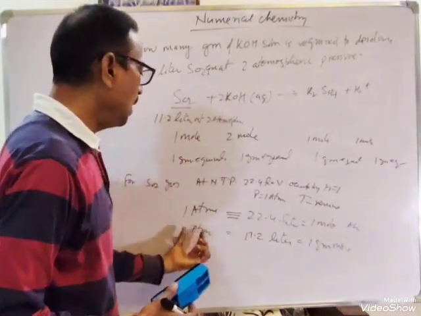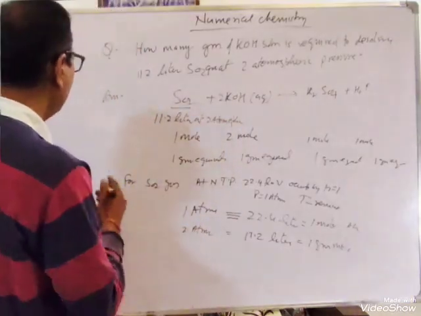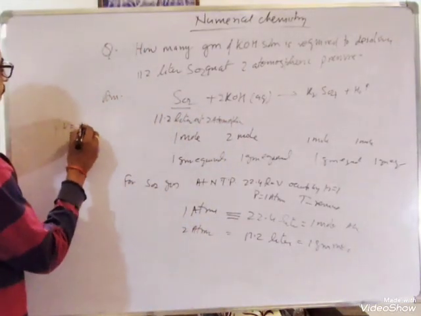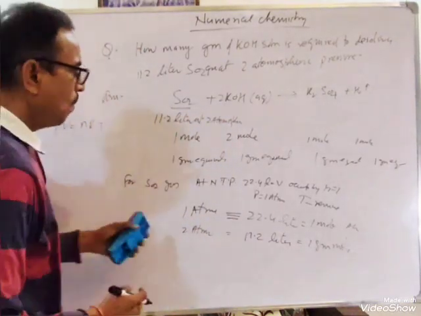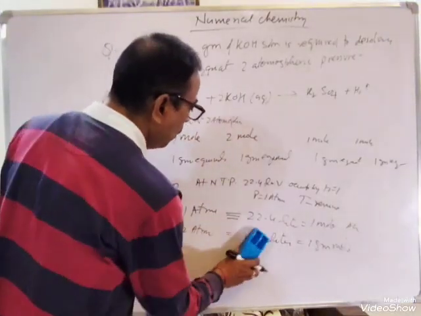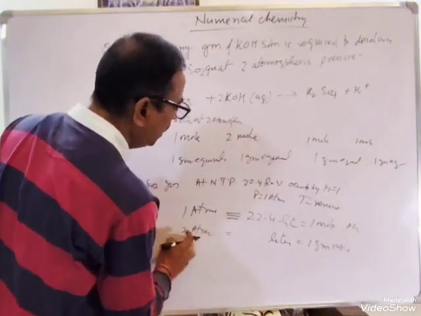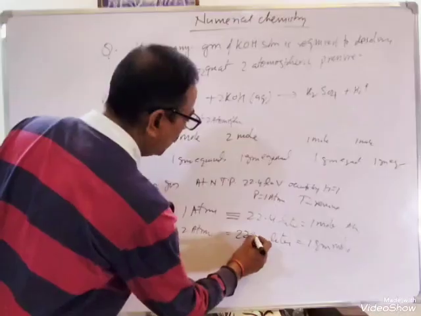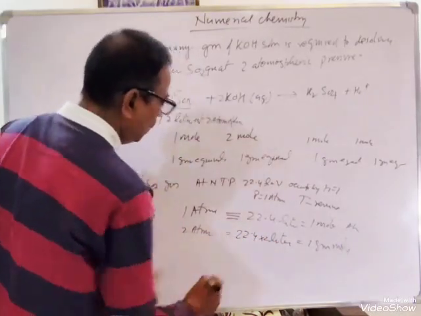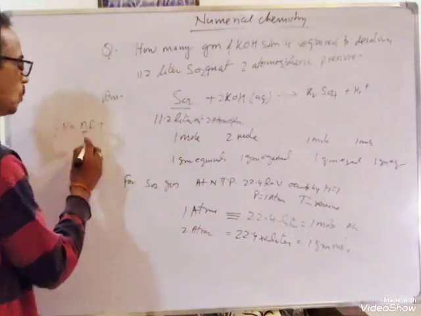At NTP condition, PV equals nRT. So if pressure is double, it means mole is double. Pressure is directly proportional to the mole.